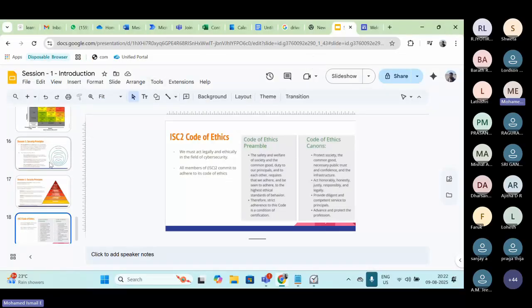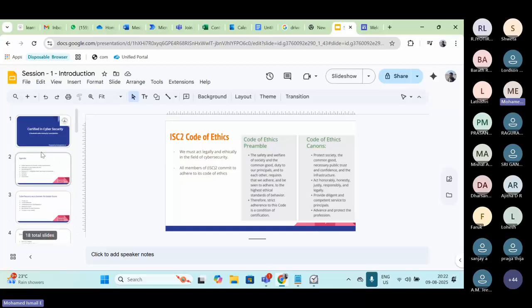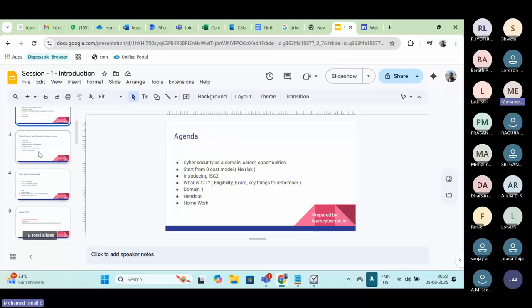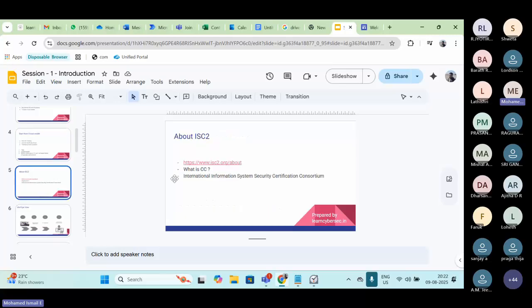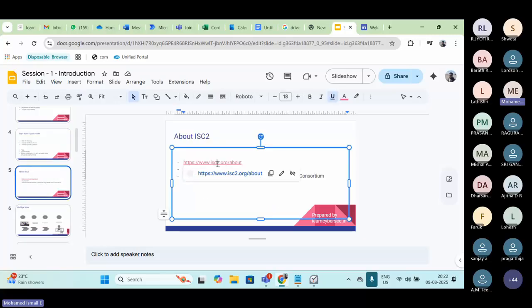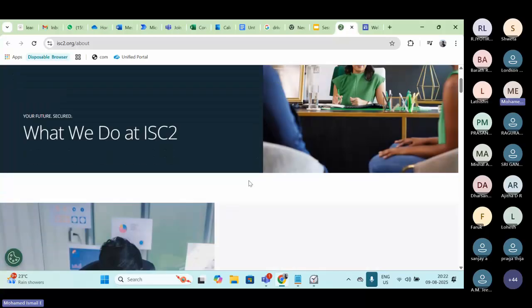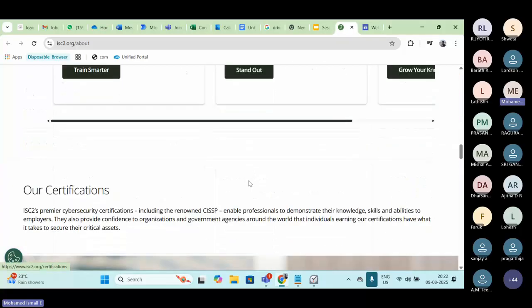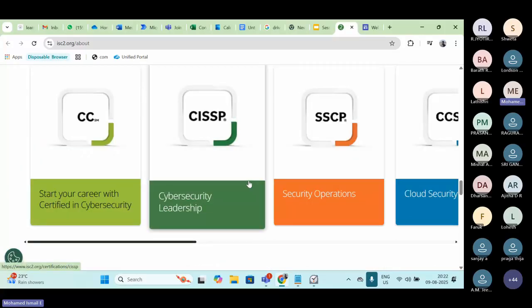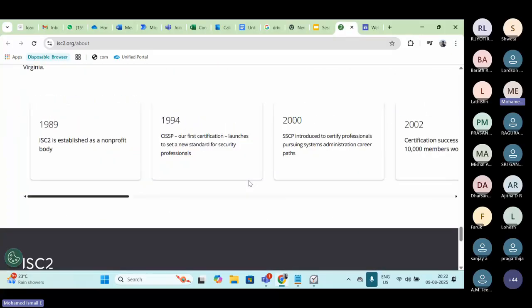Now let's come to a few slides where I referred to some external websites. Okay, first let's start with ISC². If you would like to know what ISC² is doing and how ISC² is creating millions of cybersecurity professionals across the globe, here is the history. They started in 1989 as a non-profit body.